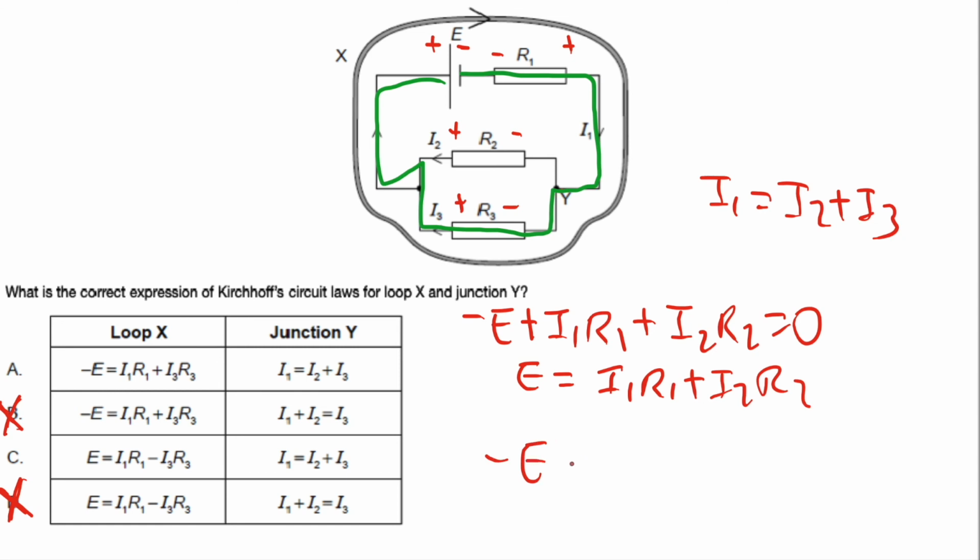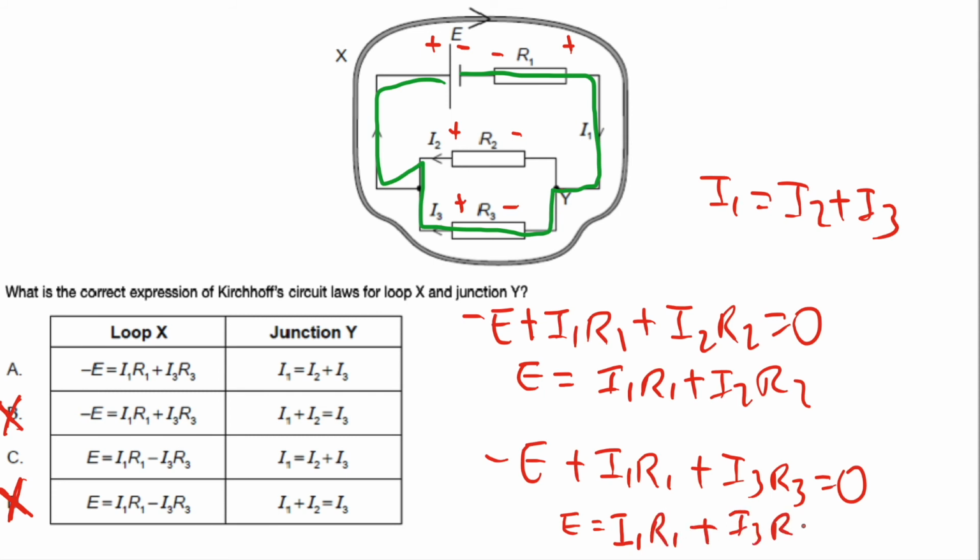Negative E plus I1 R1 plus I3 R3 is going to be equal to 0. So E is equal to I1 R1 plus I3 R3. Right.